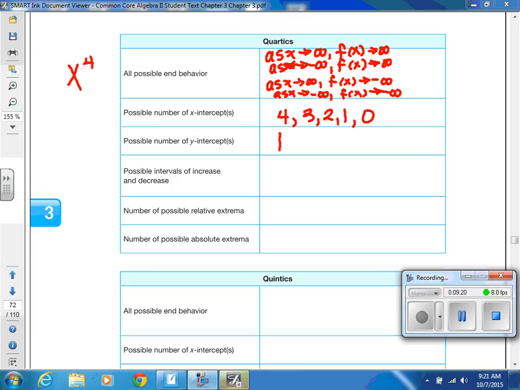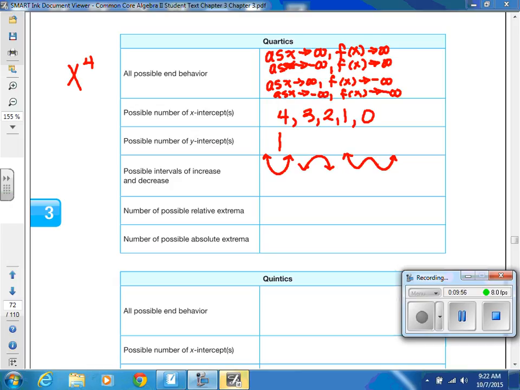Possible intervals of increase and decrease. I kind of want to draw a picture for this one. It could decrease, then increase. Or it could increase, then decrease. Okay? Or it can get really crazy. It could decrease, increase, decrease, increase.